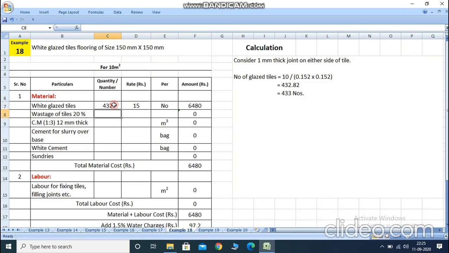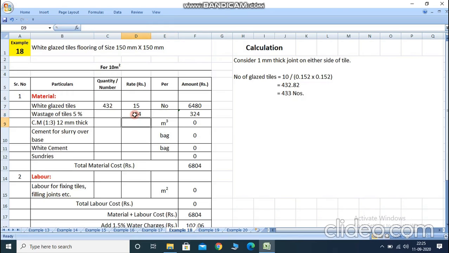For wastage of the tiles we take approximately 5% wastage. Clear? So 6480 multiplied by 5%, we get the answer 324. So 324 is the 5% wastage of the tiles.